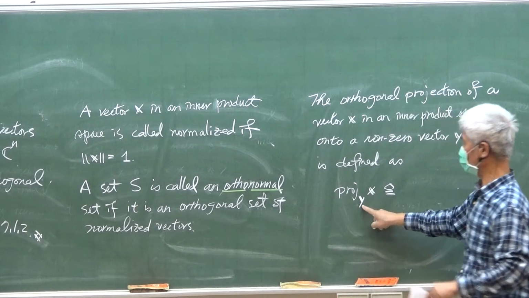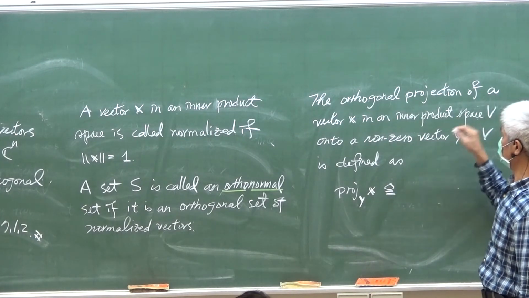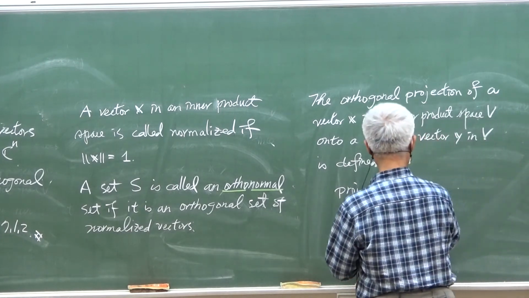The subscript y denotes that it's onto this vector.